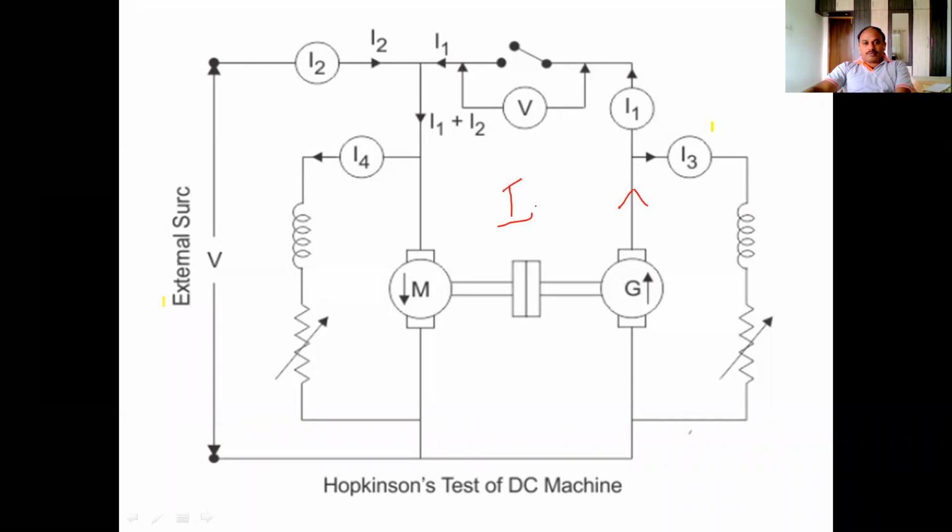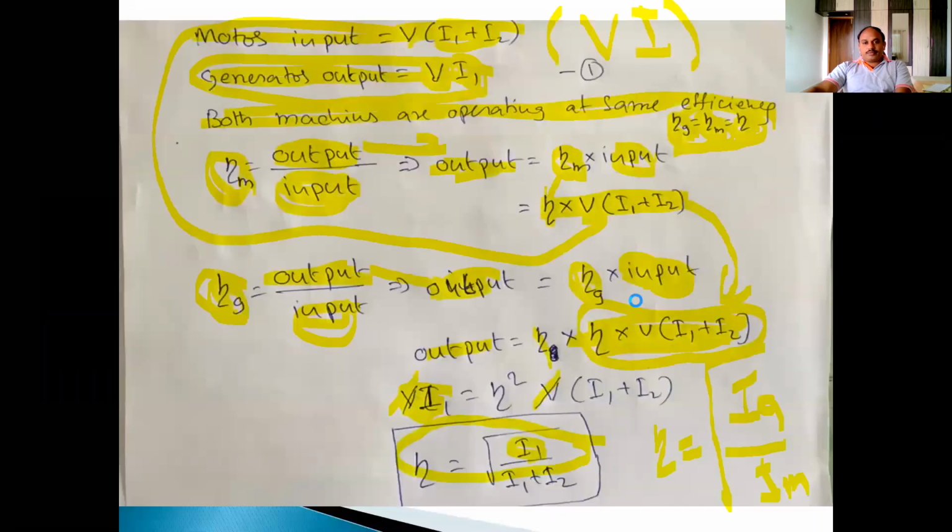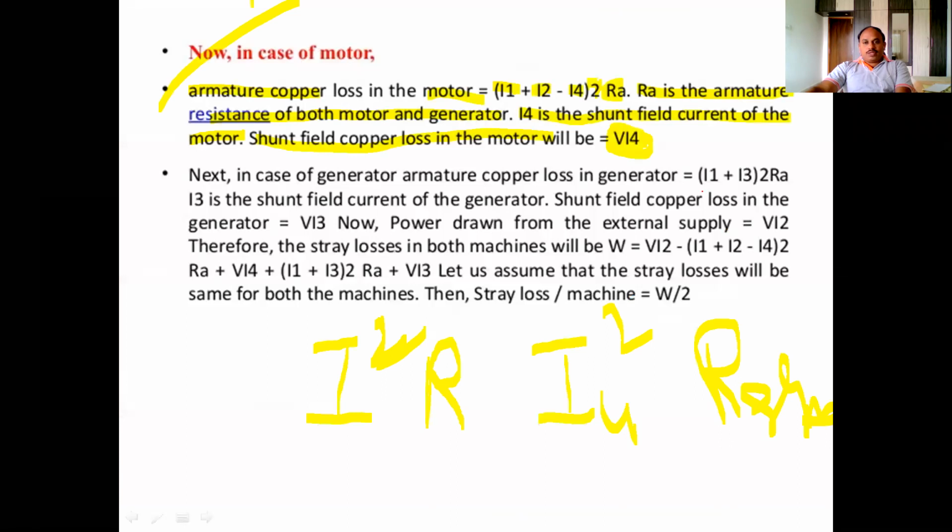So the armature copper loss is I1 plus I3 whole square into armature resistance, where I3 is the shunt field current of the generator.